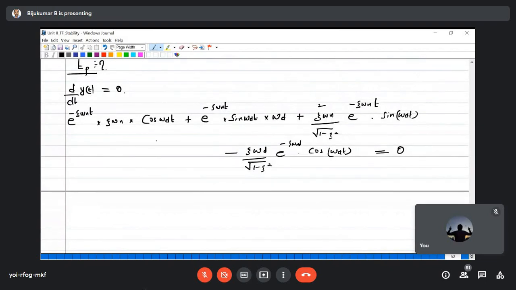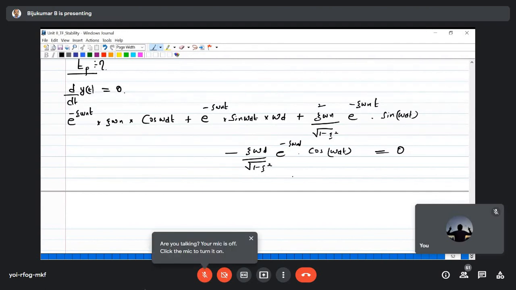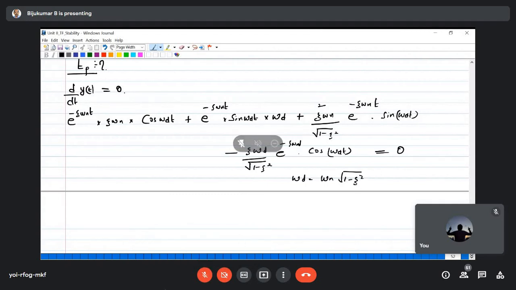So if you solve this part, substitute omega d equal to omega n multiplied by root of 1 minus zeta square, root of 1 minus zeta square got cancelled, finally you will get minus zeta omega. So this portion got cancelled.